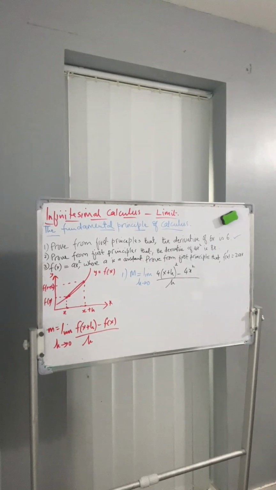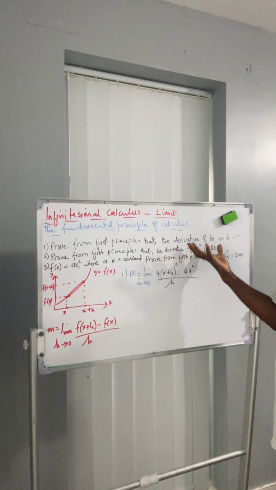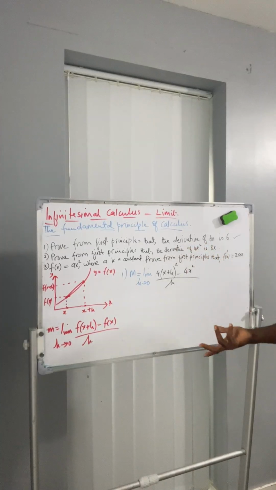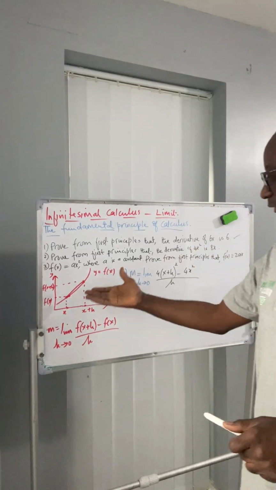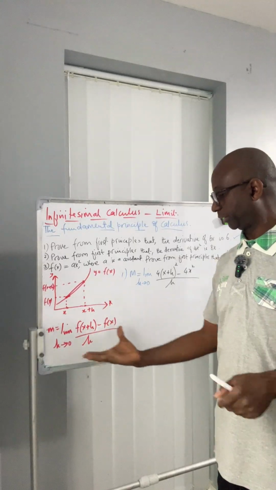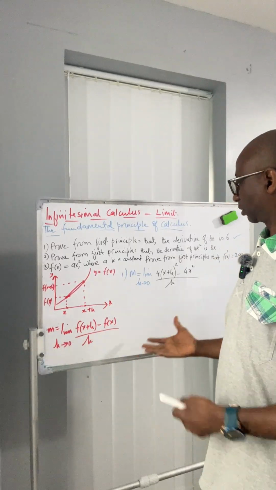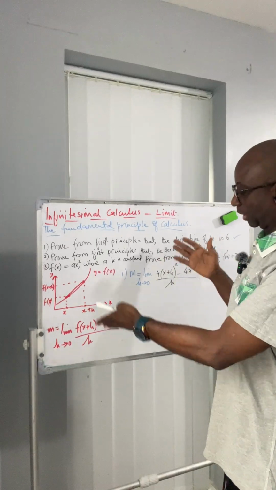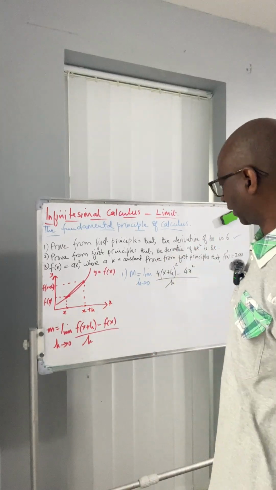So this is how you go about it. Interpreting the problem is the main issue here. Solving it, you already know this function here. So you just substitute what you have and then you simplify.